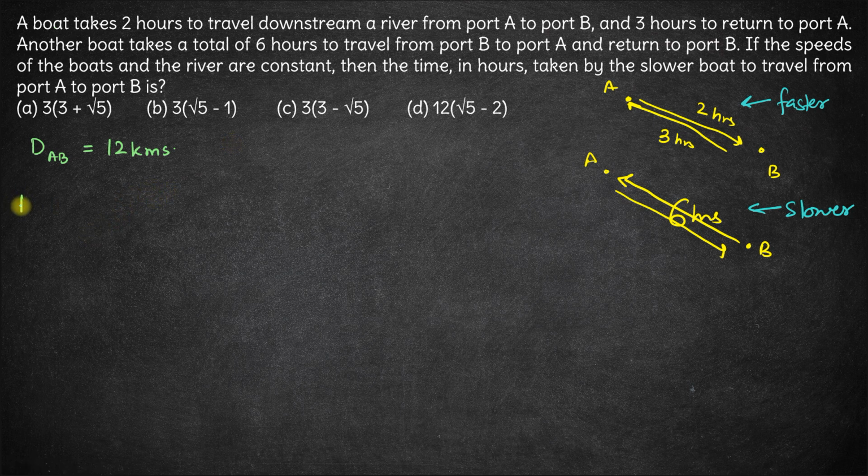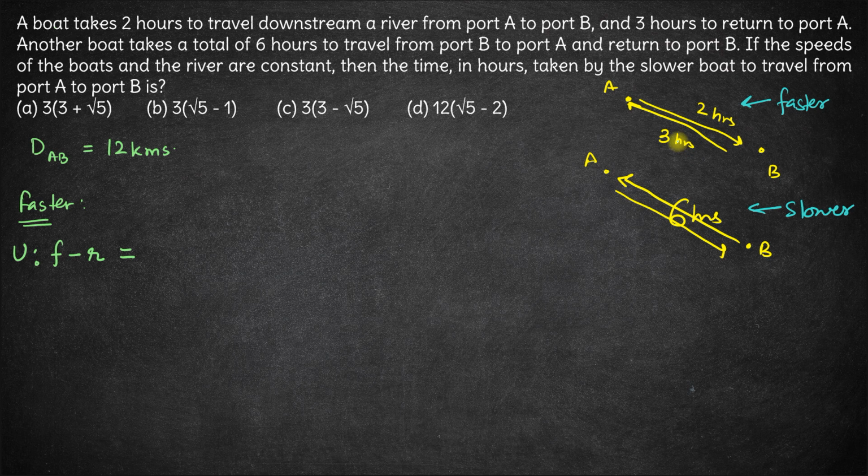Okay. Now considering the faster boat, what is the upstream speed for the faster boat? Let's see. The upstream speed will be the speed of the faster boat minus the speed of the river, F minus R, and this speed will be the distance of 12 kilometers covered in 3 hours while going upstream.